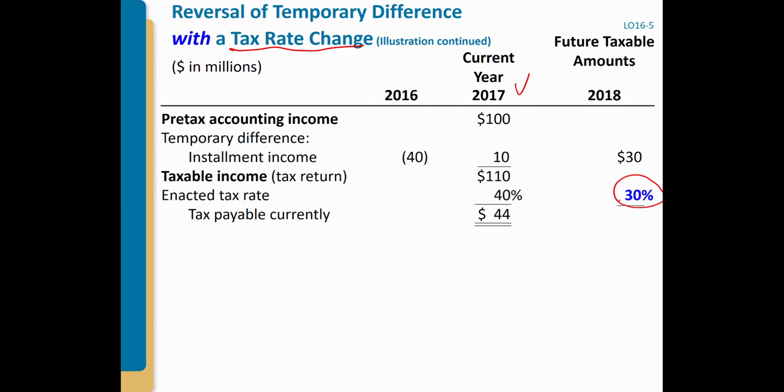Okay, so then what are you going to do? You're going to use 30% to calculate the future tax obligations. We still calculate this taxable income times 40%, and you get 44. 44 is still the income tax payable.